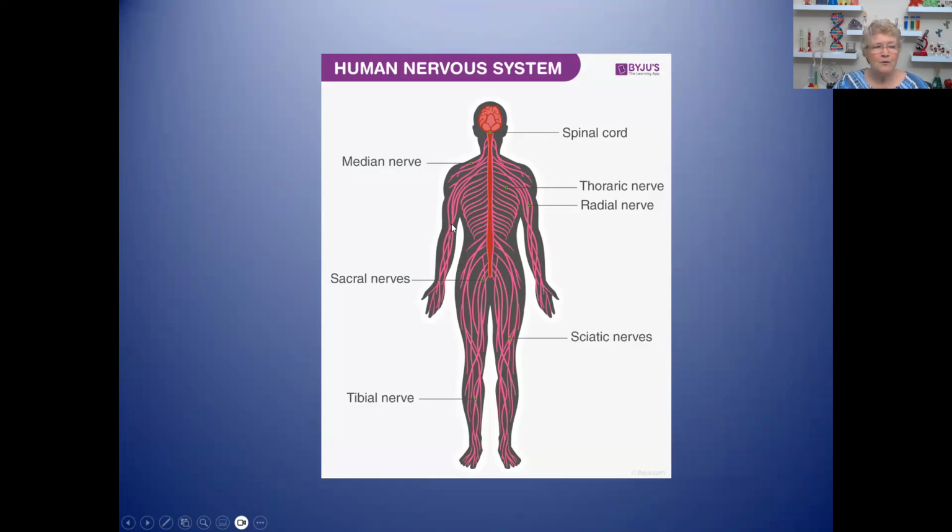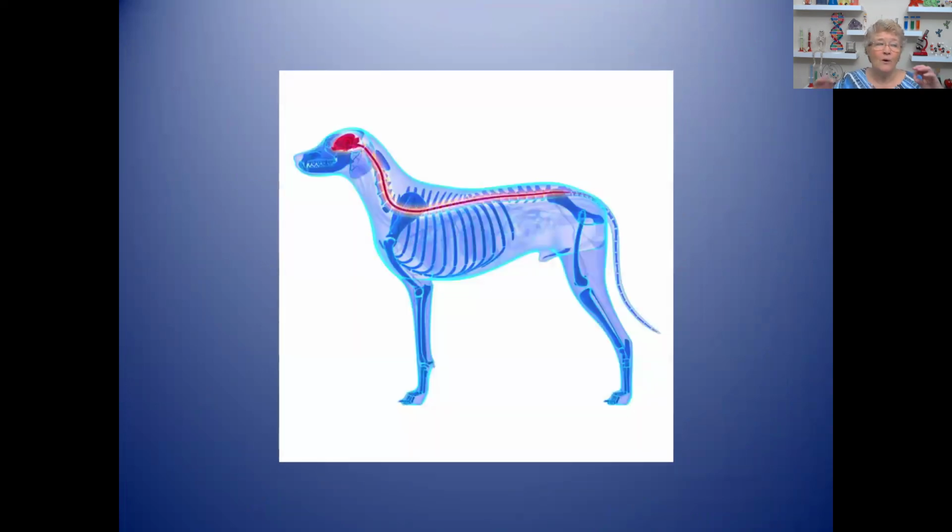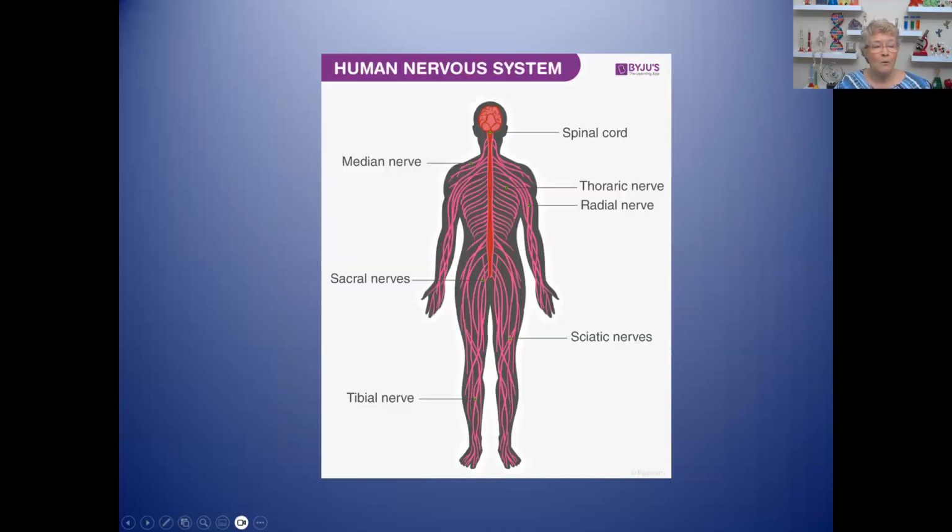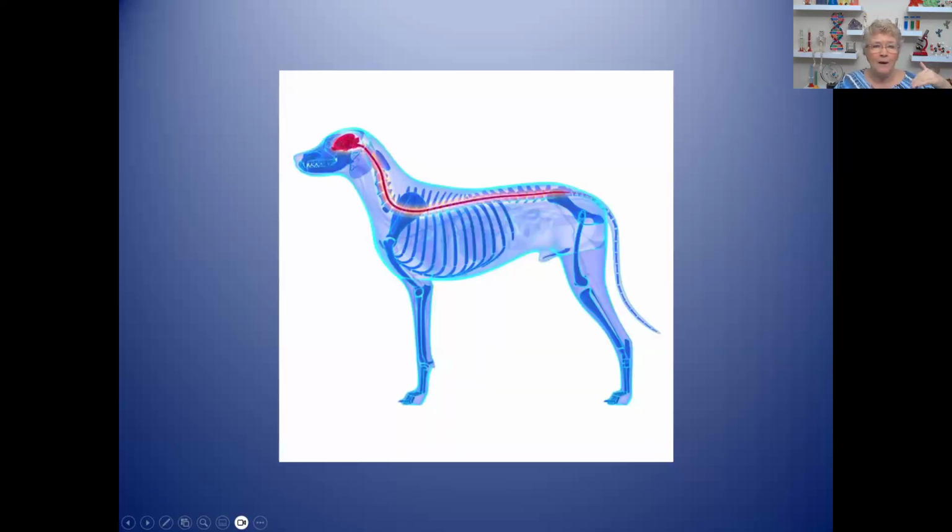But then we've also got these nerves that go out to all the different parts of the body. That's where a human's nervous system is located. Now, a dog also has nerves that go to all the rest of the body, but its nervous system would be on the top part because of the way they walk. Where we walk upright, a dog walks that way.